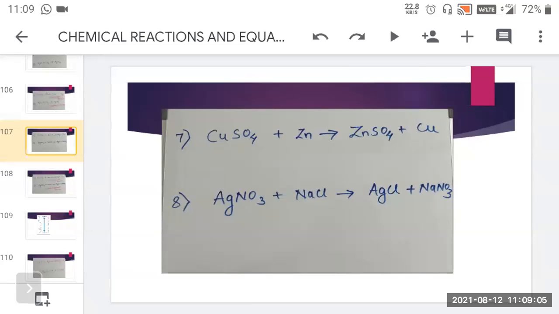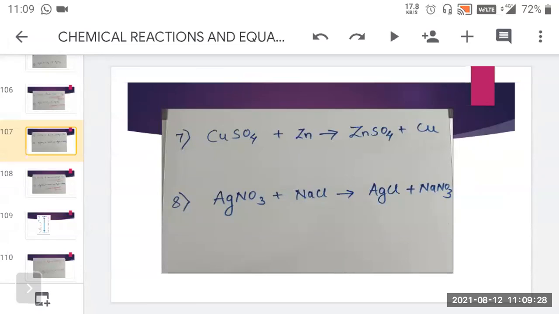Then go towards the double displacement. Double displacement means there should be two compounds. Two compounds will exchange either metals or non-metals, and hence it will give the product. So as you can see, AgNO3 and NaCl are two compounds.